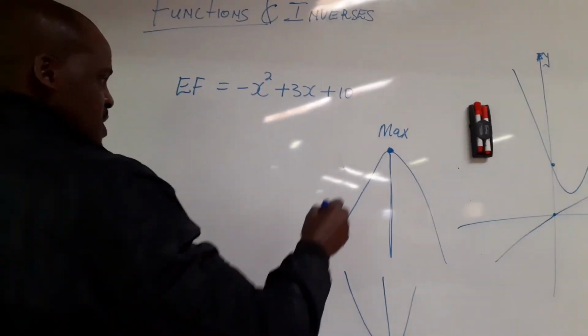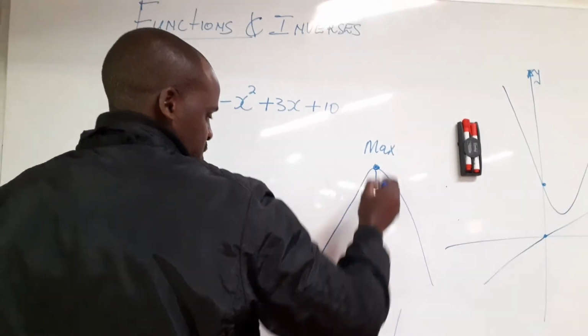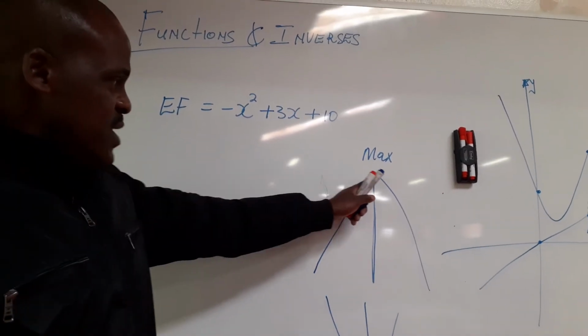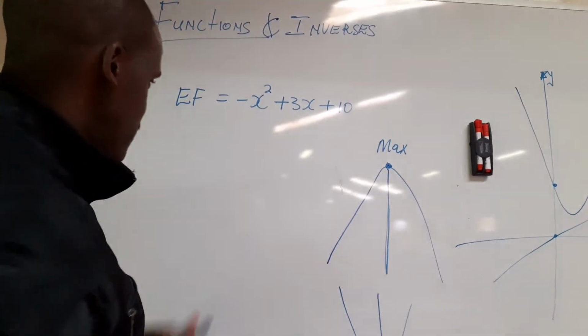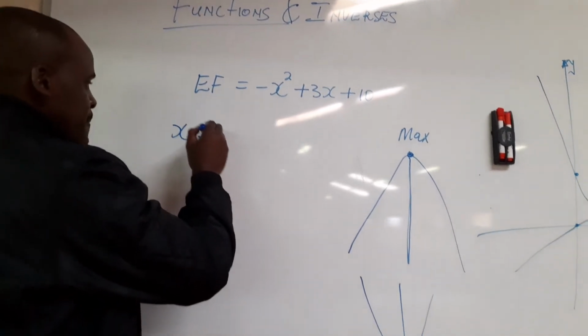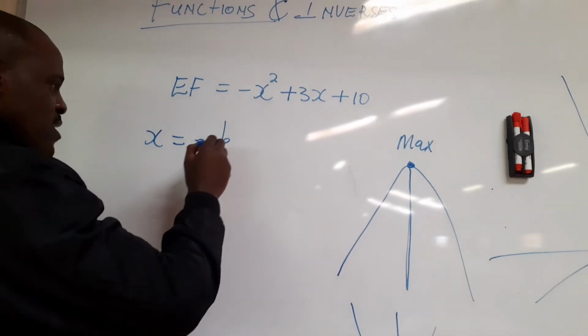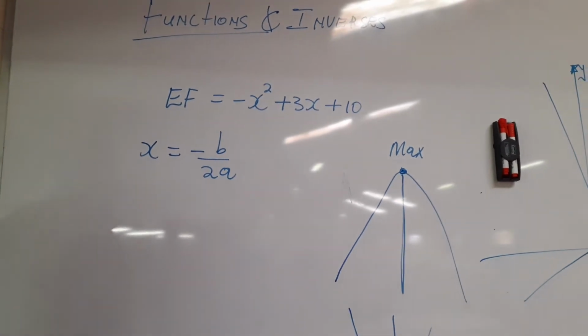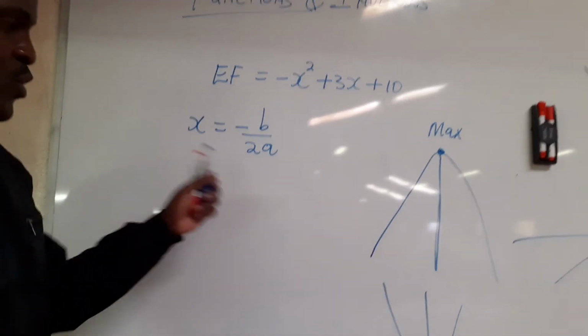Remember that this is the maximum point of a quadratic function, or the minimum point of a quadratic function. The x value at maximum is given by minus b over 2a.